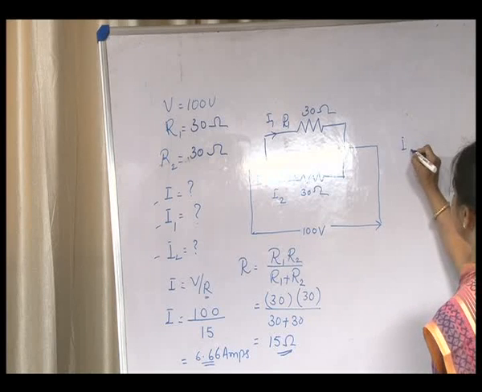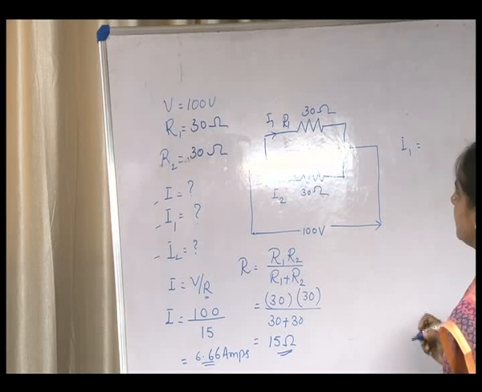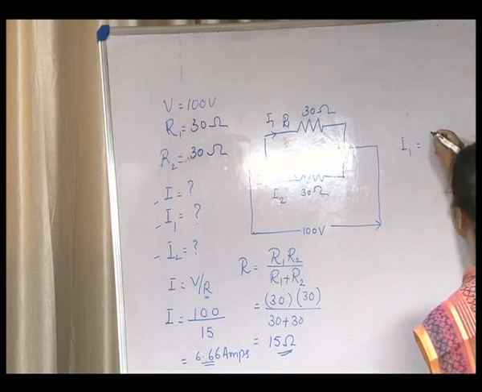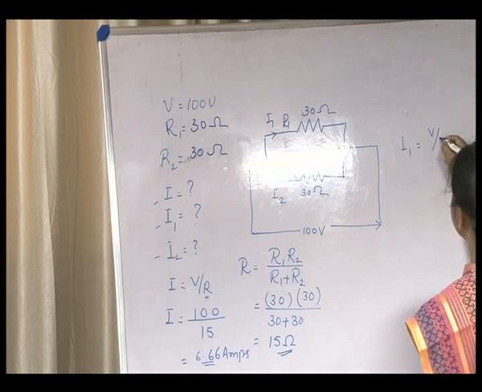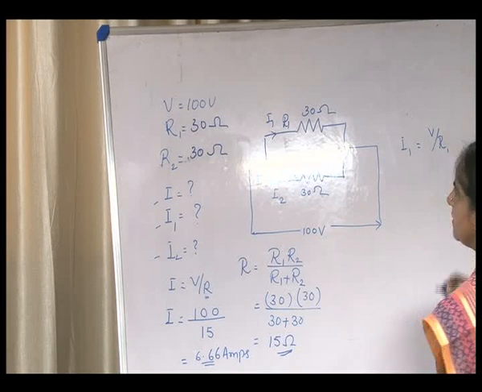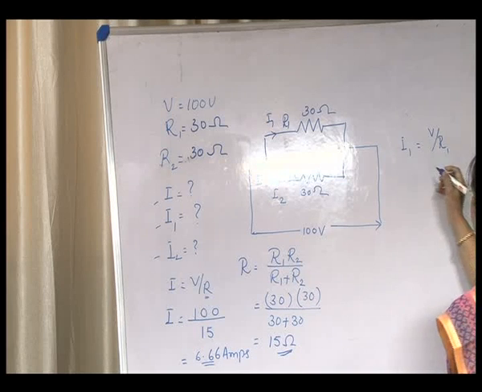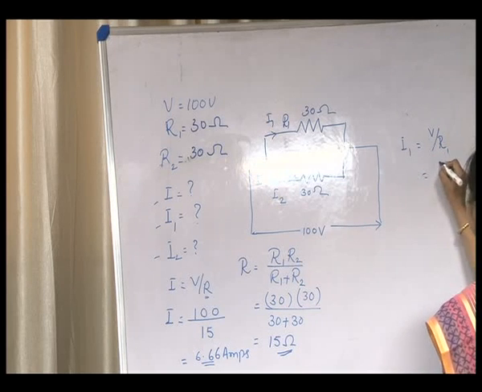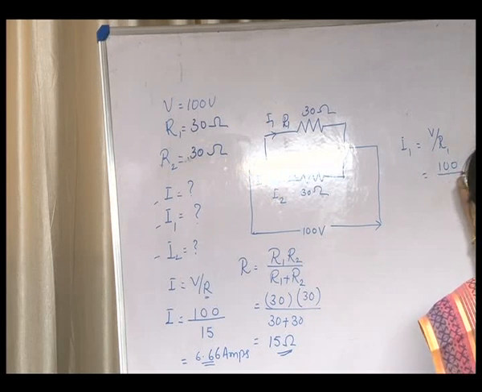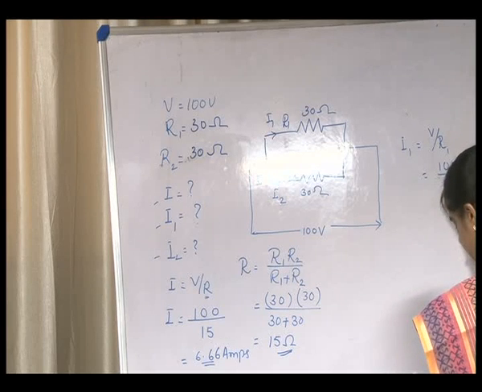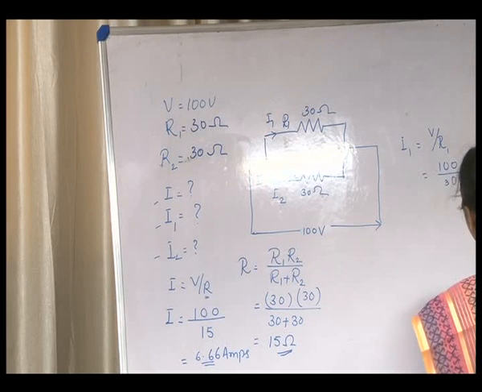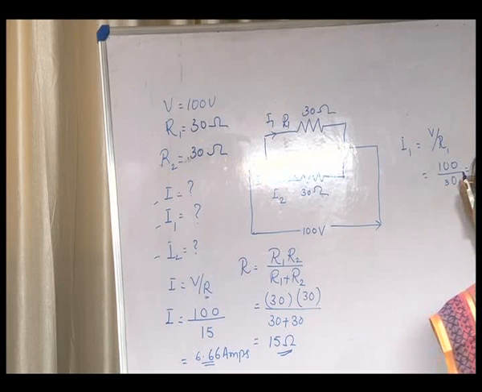How to find I1? I1 can be found by the same equation, that is V by R1. V by R1 is equal to 100 divided by the R1 value, which is 30.